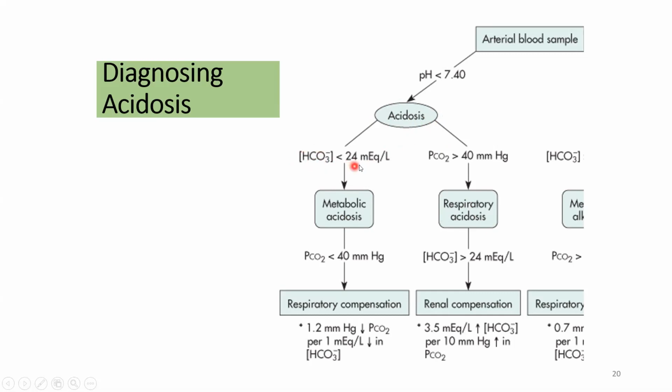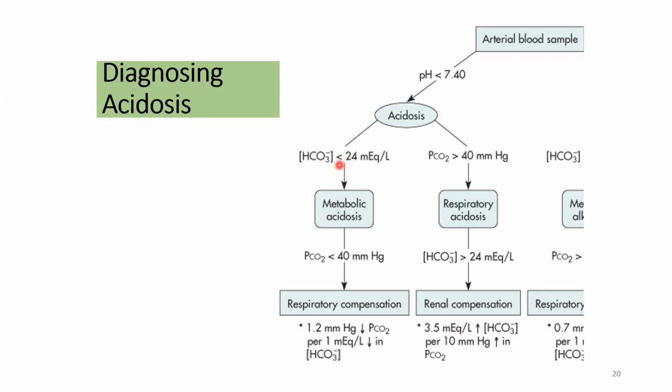If it's less than 24 milliequivalents per liter, 24 being normal, then what you will infer from this is that it is basically a metabolic disorder, because to keep the bicarbonate intact, whose responsibility is it? It's the kidney's responsibility.